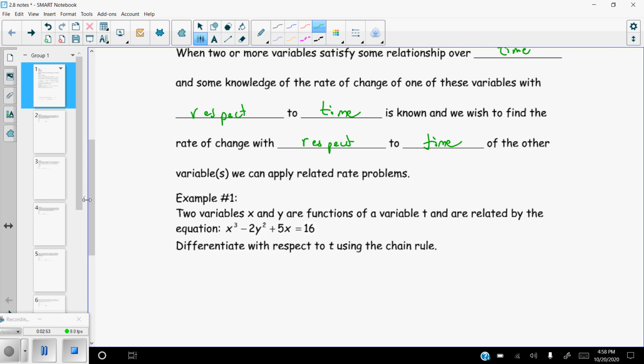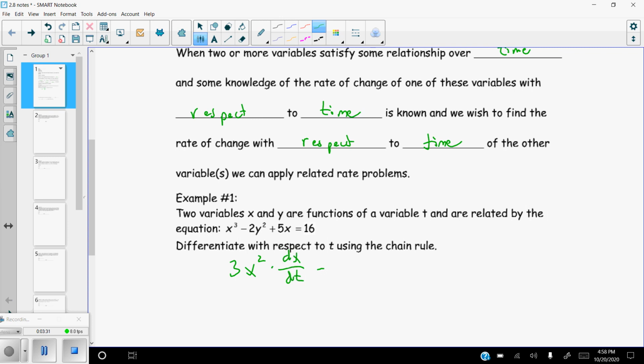The concept is really simple. Anytime you take a derivative of something that is changing with respect to another variable, you have to apply the chain rule. So when I take the derivative of x cubed, it's going to be 3x squared, but x itself is changing over time. So now we have to multiply by the derivative of x, which is dx over dt, because x is changing. Every variable will be treated the same way.